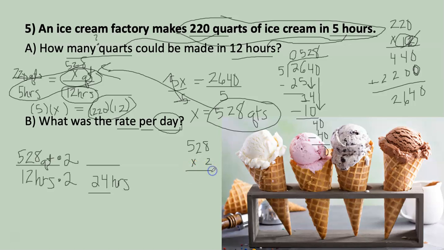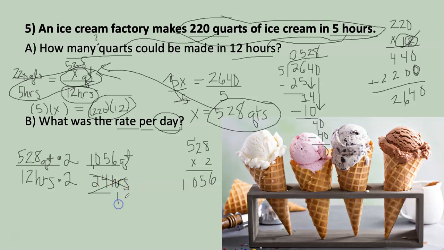8 times 2 is 16. Put the 6 there, carry the 1. 2 times 2 is 4, plus 1 is 5. And 5 times 2 is 10. So we get 1,056 quarts. And 24 hours, guess what, is equal to 1 day.